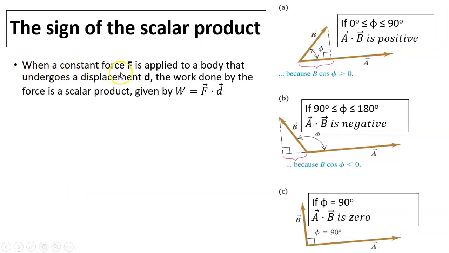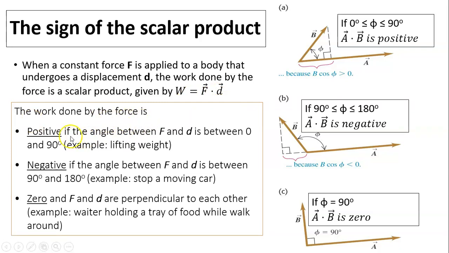When a constant force is applied to a body that undergoes a displacement d, the work done by the force is a scalar product: W equals F dot d. So work is an example of a scalar product. Remember when we learned work? Work done by the force is positive when the angle between force and displacement is between 0 and 90 degrees.